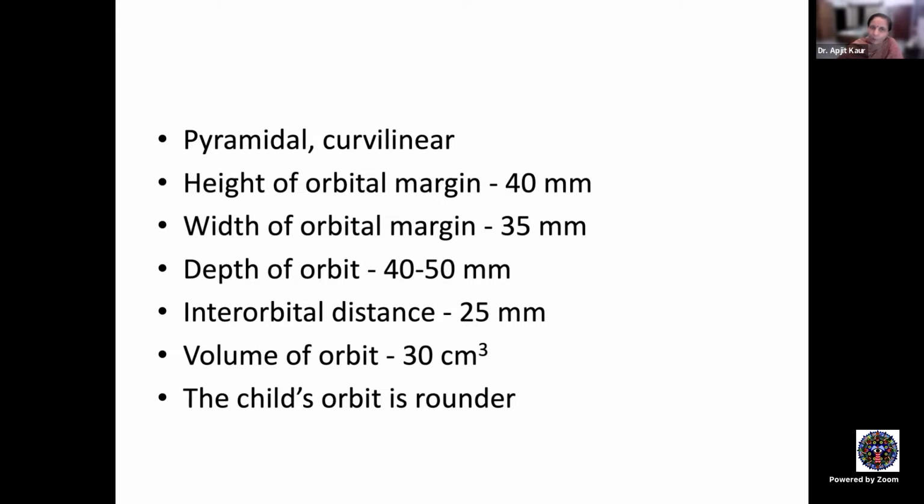The depth is 40 to 50 millimeters and the interorbital distance is 25 millimeters. Interestingly, this interorbital distance does not change from anterior to posterior. The volume of the orbit is 30 cubic centimeters and a child's orbit is rounder than the adult's.